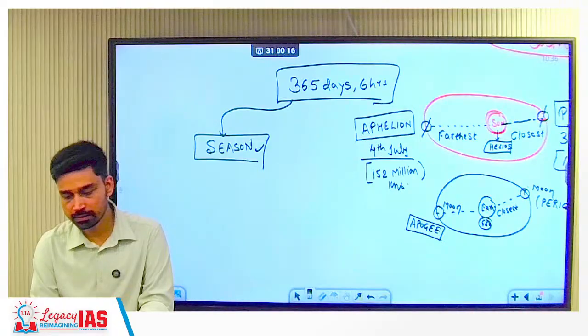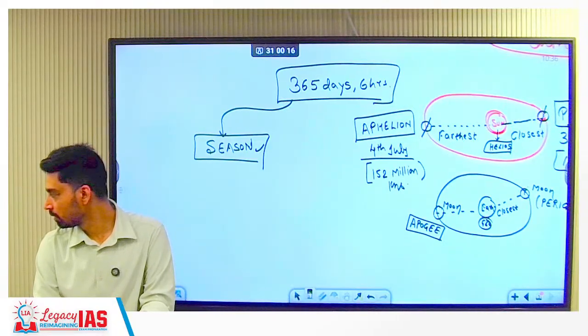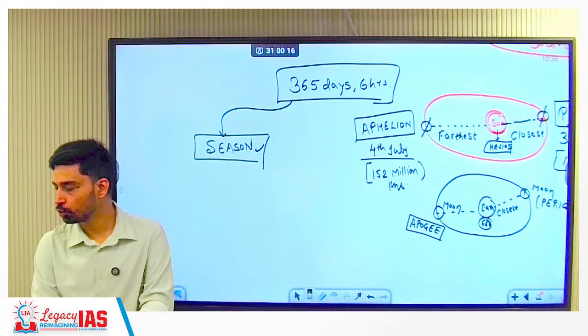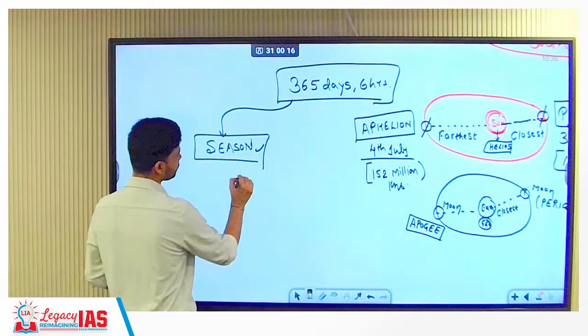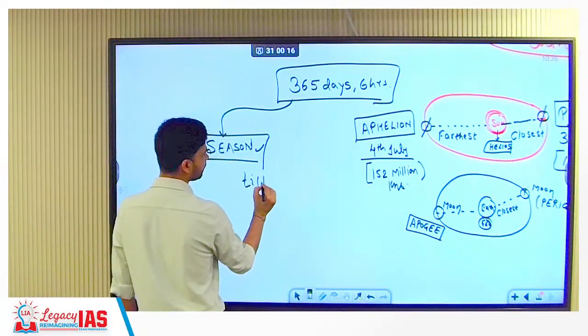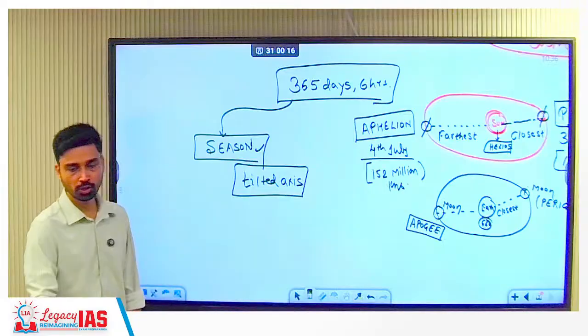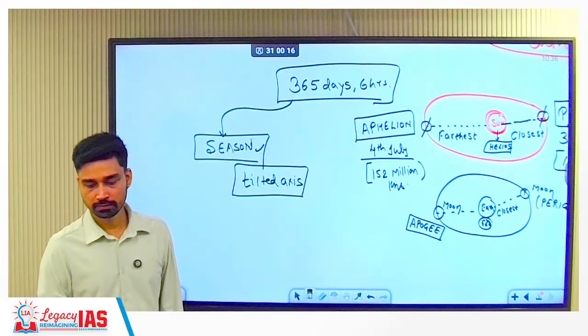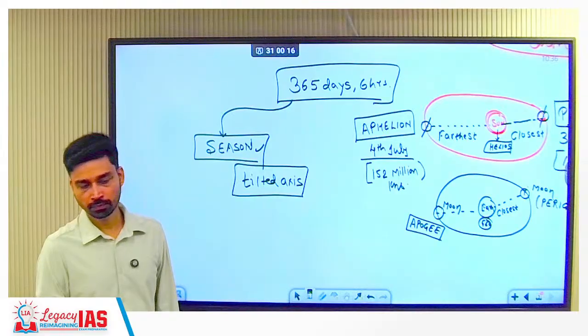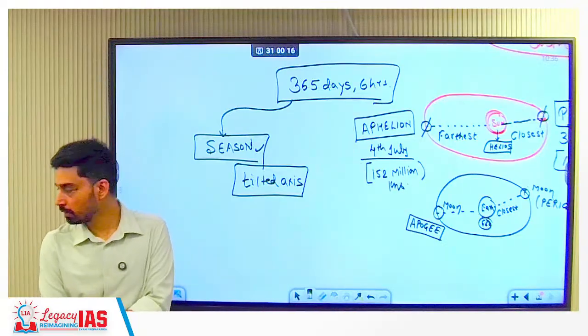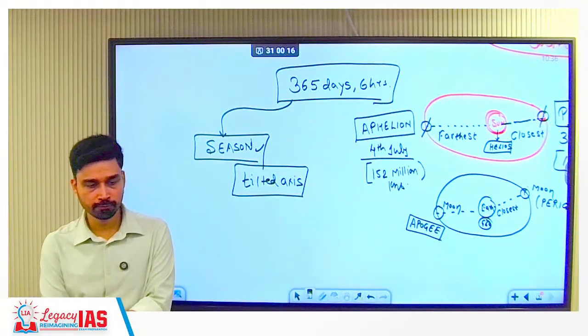due to earth's revolution around the sun on a tilted axis, and this also we will discuss, occurrence of season is observed on the earth.